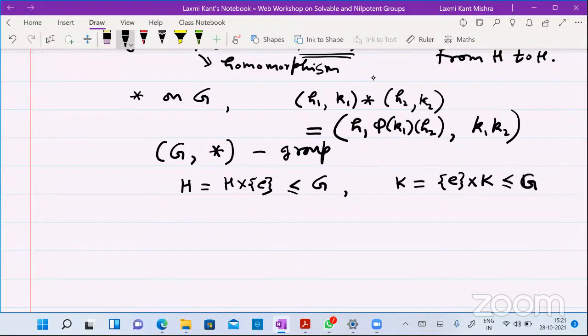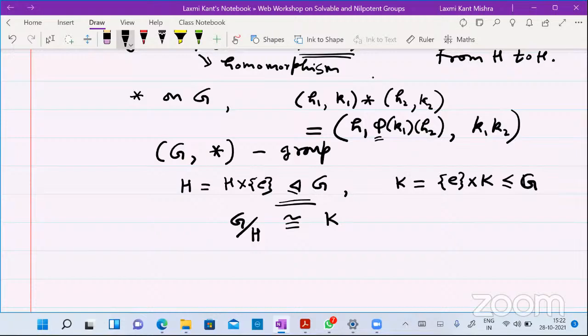And you can also observe that H is normal here, but K may not be. It will depend on this phi. We can't say it is not normal, but it may not be normal. One more thing you can say is that if we take the quotient group G by H, then we will get K.